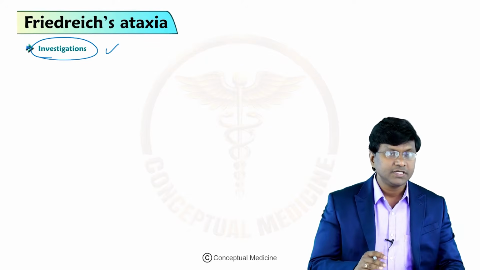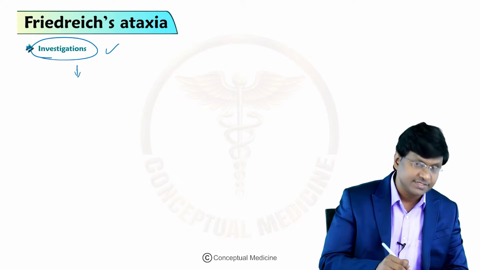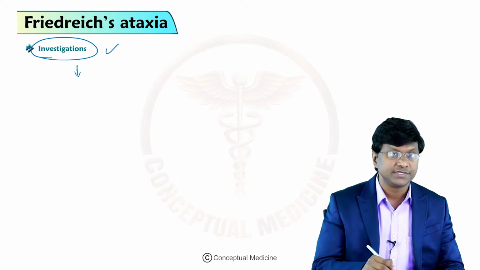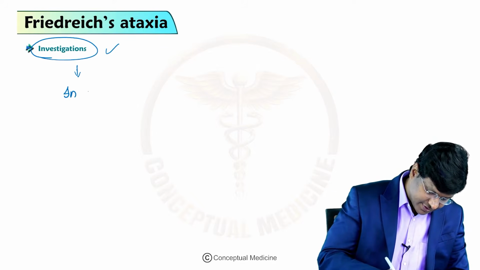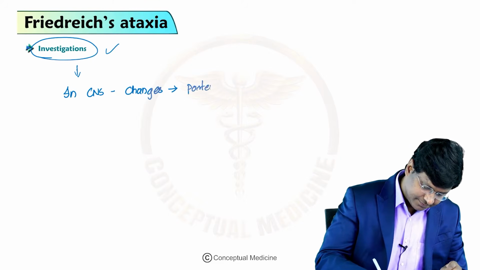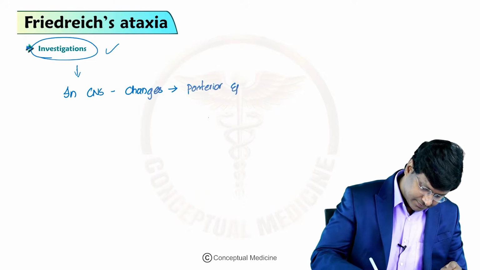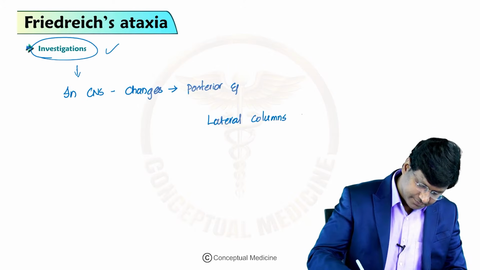So in the central nervous system, where will you observe the changes? In the central nervous system, the changes are conspicuous in the posterior and lateral columns of the spinal cord, right?